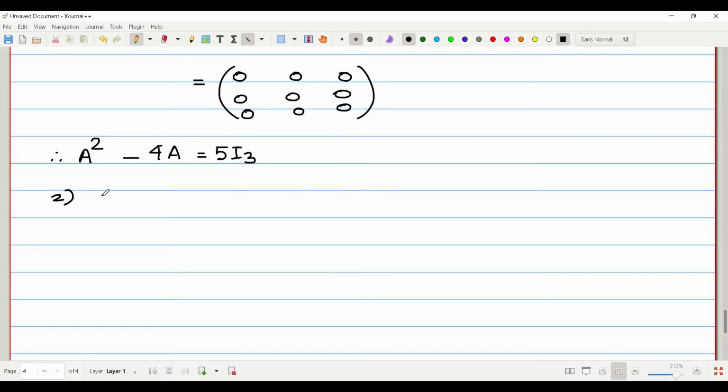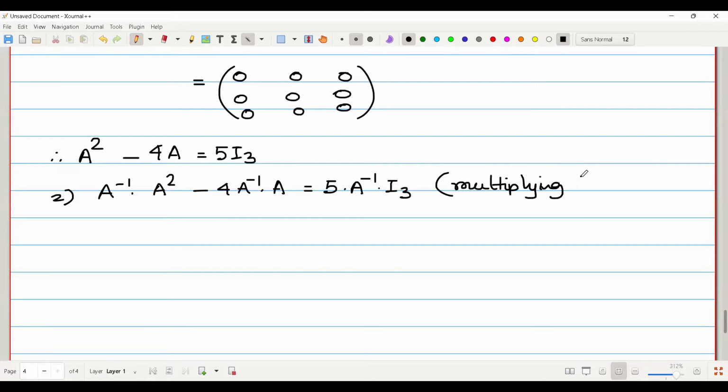So we have A inverse into A square minus 4 into A inverse into A is equal to 5 into A inverse into I3. That means multiplying both sides by A inverse.